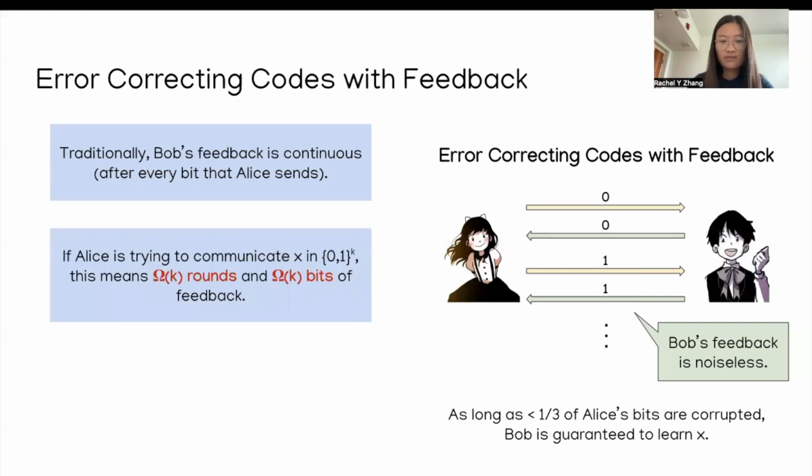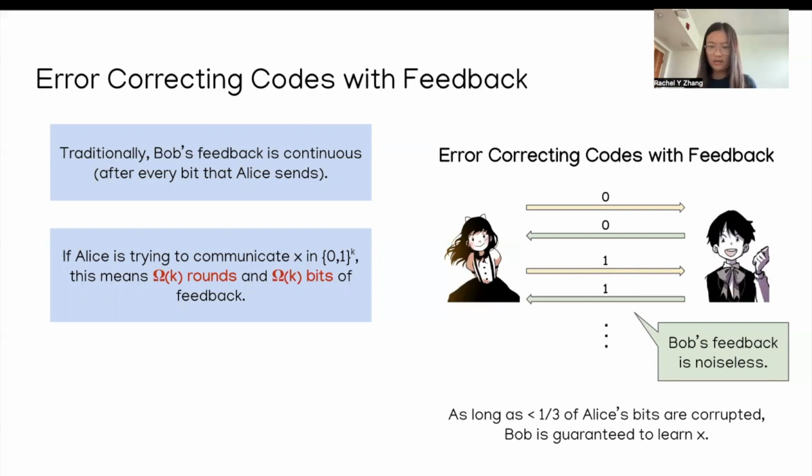So in particular, if Alice is trying to communicate X, which is k bits long, this means that Bob will have to send k rounds of feedback, but also more importantly, k bits of feedback. Because Alice has to send at least k bits to communicate X at all, and Bob is sending feedback after each of these bits. But in the real world, communication interaction is expensive.